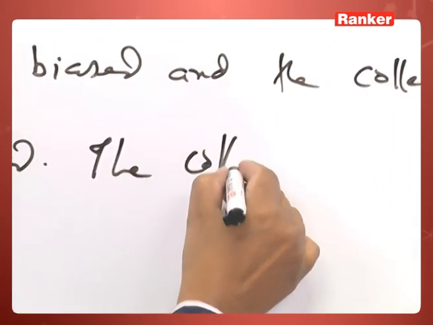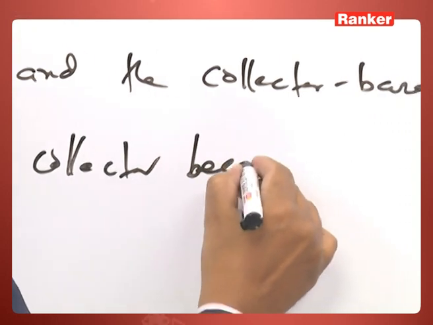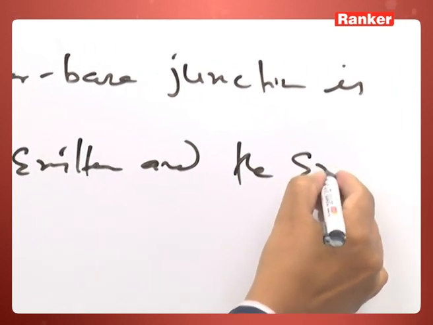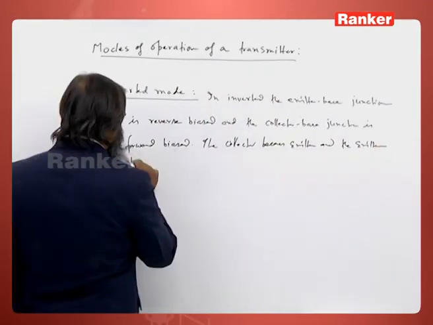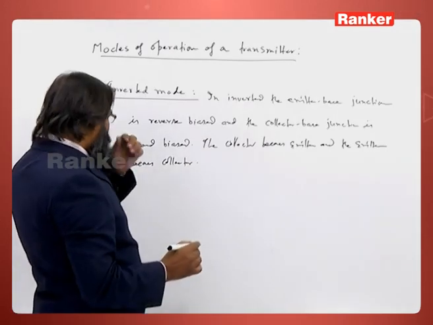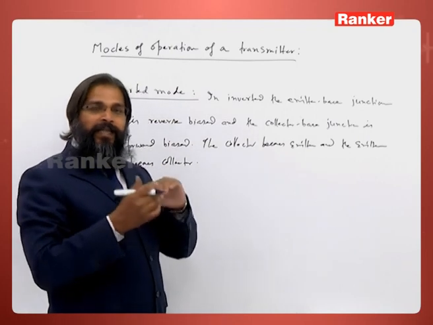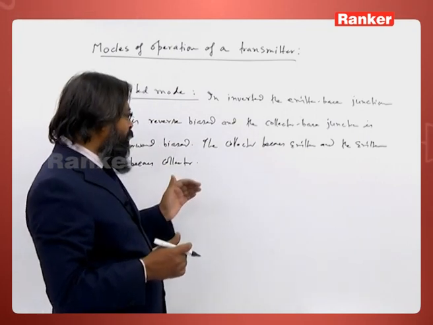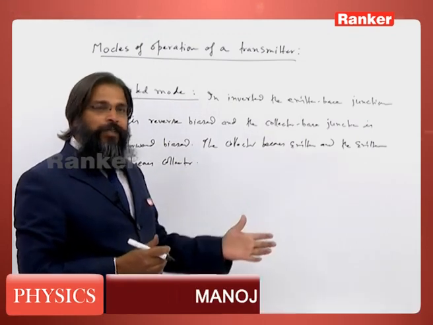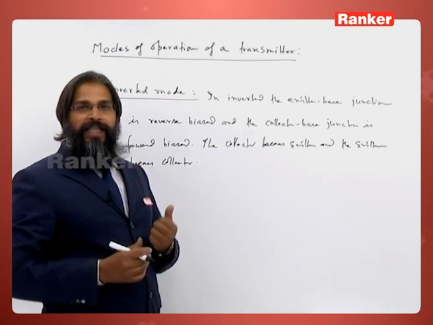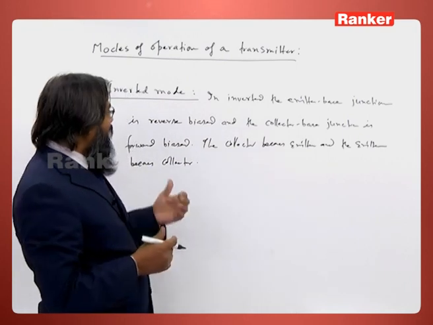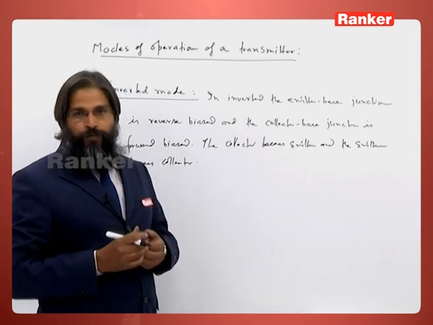The collector becomes emitter and the emitter becomes collector. The role of emitter is replaced by collector and the role of collector is replaced by emitter. But we know that in a transistor emitter is heavily doped. So, when inverted, the collector is not heavily doped. So, it will act as a transistor, but with a very poor performance.